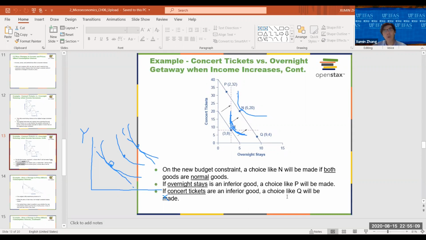That means if our income increases, the quantity demanded or quantity consumed should decrease. But apparently it's not the case, right? So we know that the ticket and the stay are, let's say, normal goods. The quantity demanded or quantity consumed increases with the income increase.